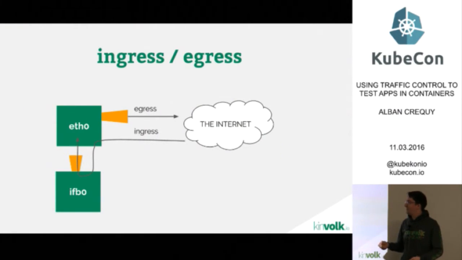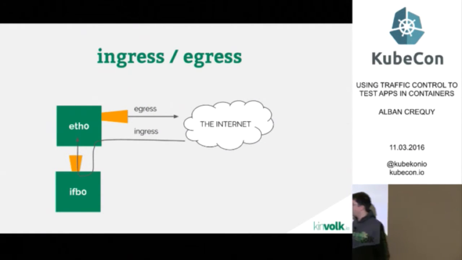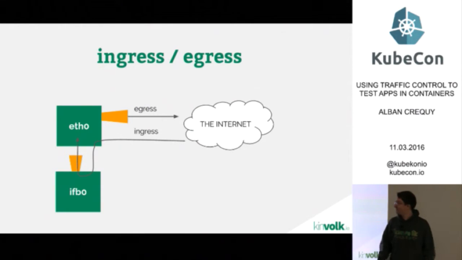We can use traffic control to redirect all the ingress traffic of a network interface to that IFB0, and then send it back. So from the point of view of that network interface, the traffic here will be egress, so we can add a queuing discipline and set it up as we want.